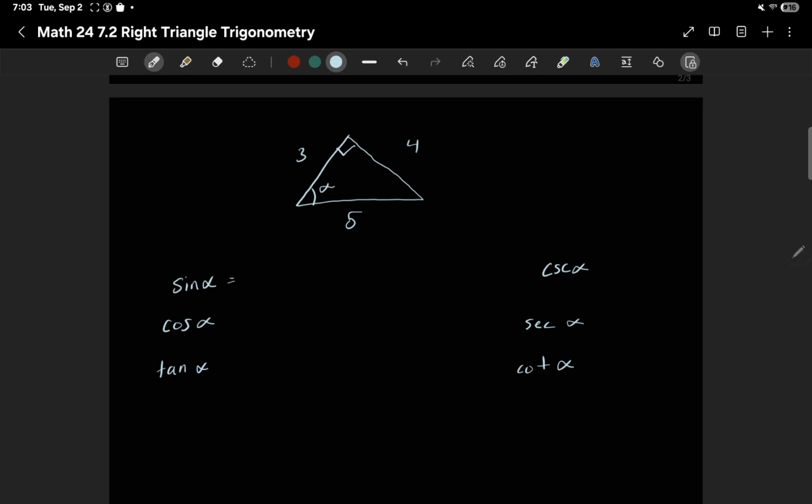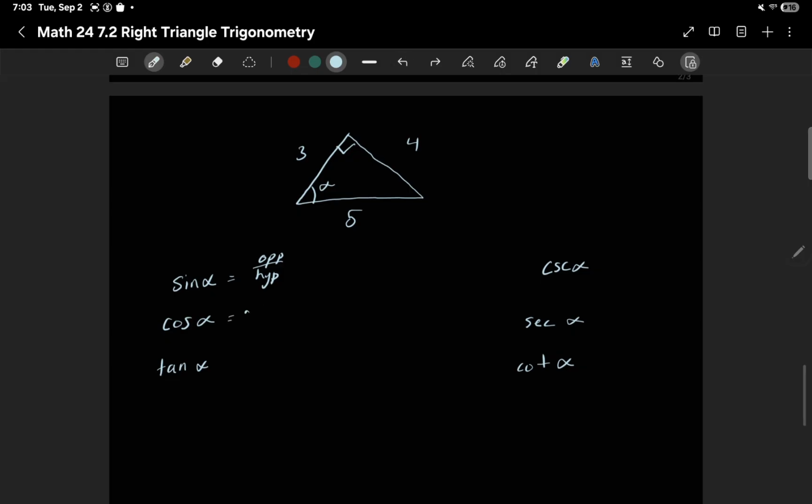And so, well, sine is opposite over hypotenuse. Cosine is adjacent over hypotenuse. And tangent is opposite over adjacent.